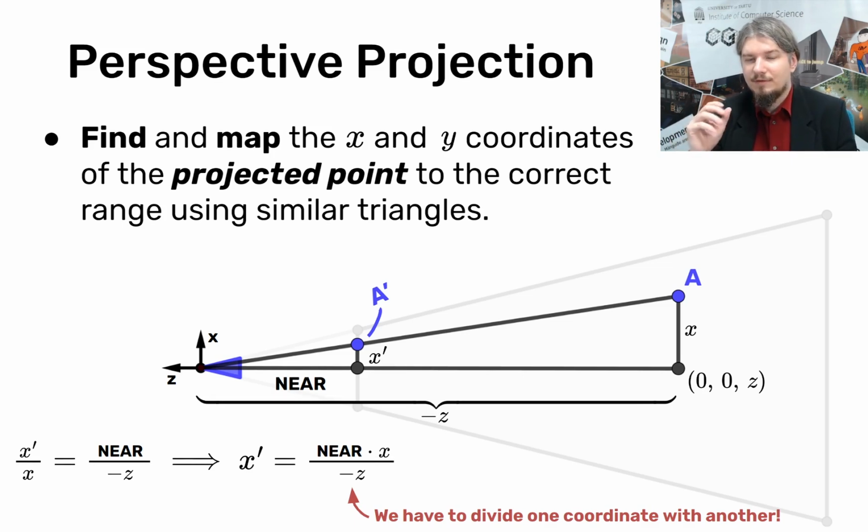And this makes some sense if you think about objects in the real world. If they're far away, if z, the distance from us, the viewer, is large, then they become smaller. So it makes sense that we divide their x and y coordinates by z, by the distance that they are away from us. If they're far away, then z is larger and they become smaller, and if they're near us, z is smaller and they become larger.